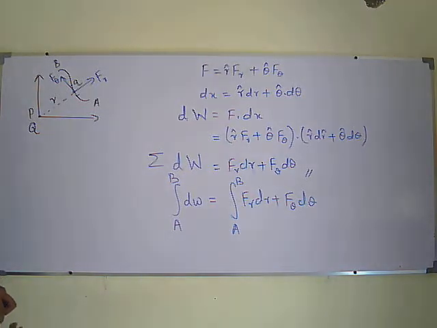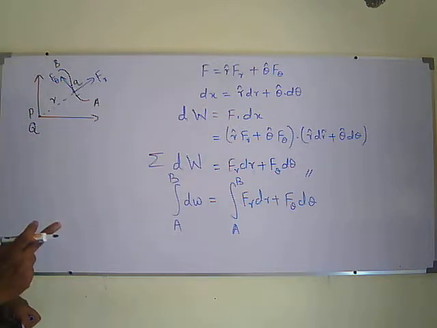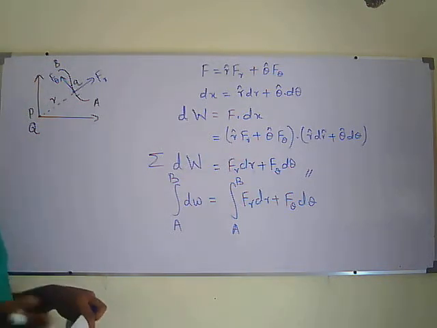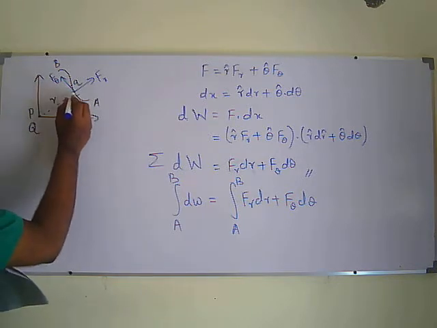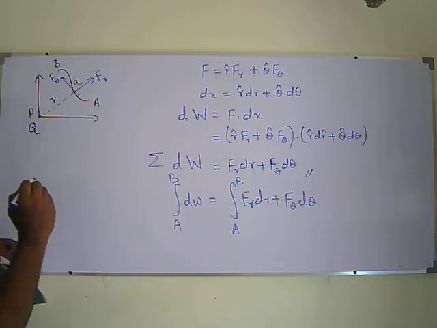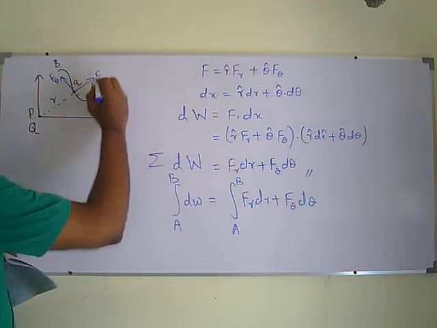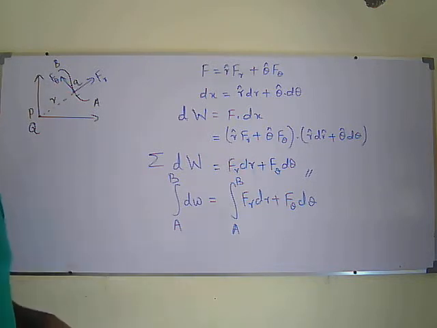Now look here. When I consider the electric field, according to Coulomb's law, which is experimental evidence, the force acting on the charged particle q at this point is only along the radial direction, and F theta is equal to 0.